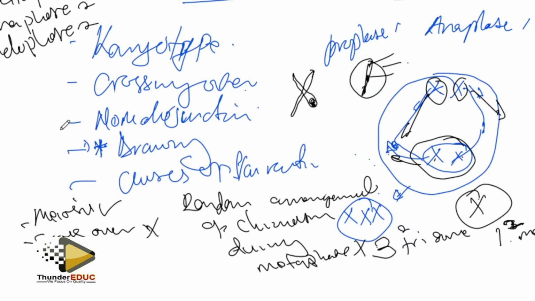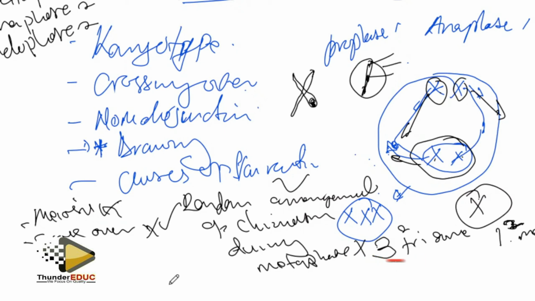It's because you mentioned meiosis, and meiosis involves crossing over and random arrangement of chromosomes. So if they ask you this question, please remove meiosis. Then you talk about crossing over and random arrangement of chromosomes. We will give you a tick here and a tick here. So you have got 2 marks.